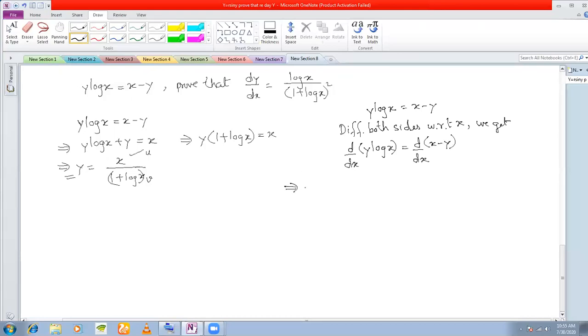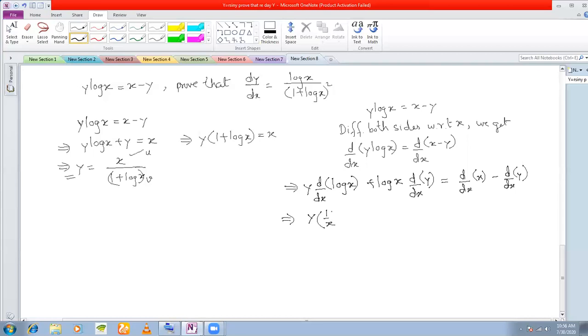That means, let me first write y d/dx of log x, u into v rule, plus log x d/dx of y is equal to d/dx of x minus d/dx of y, which is dy/dx obviously. And y d/dx of log x is 1 by x, right?